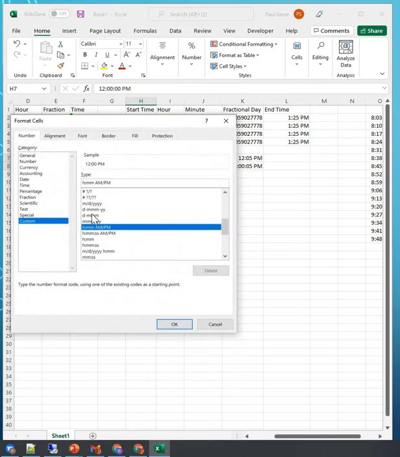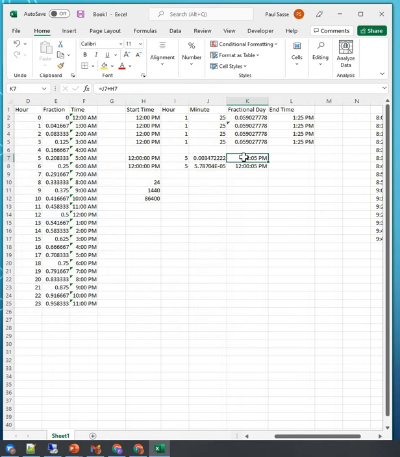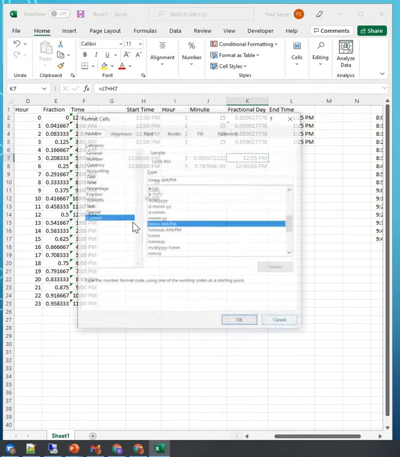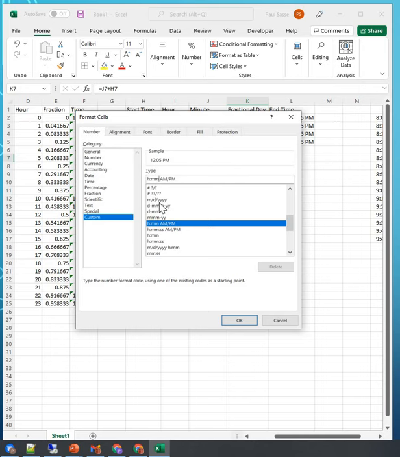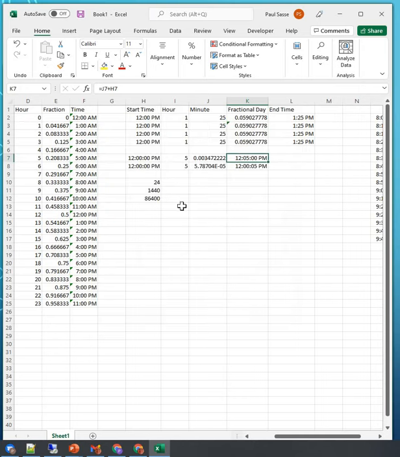I'm going to go ahead and add seconds to this as well, and to this one. Okay. Now, of course, you could do that all in one step. So, for example, let's say 12 p.m. and I want to add 5 minutes.